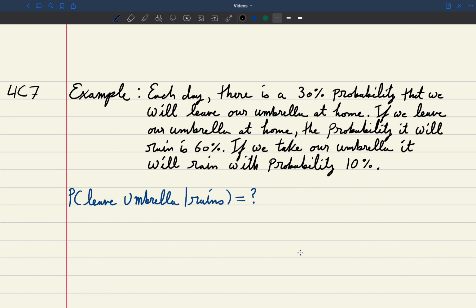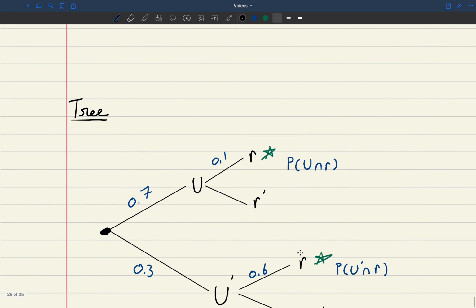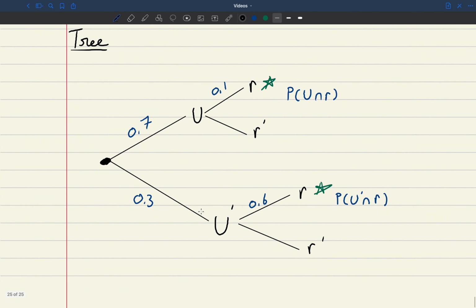This is a conditional probability because it's dependent on whether it rains or not, judged by whether we take our umbrella. Since this is a multi-step probability problem, I would suggest doing a tree, and that's what I've done down here. There's a 30% chance that we will not have our umbrella, 70% chance we'll have our umbrella.